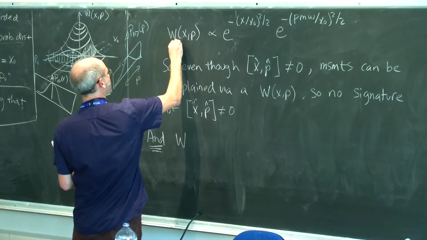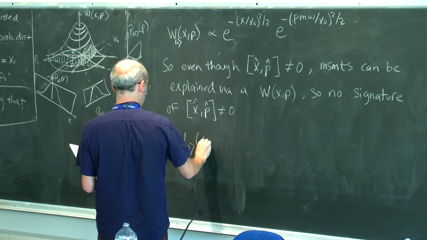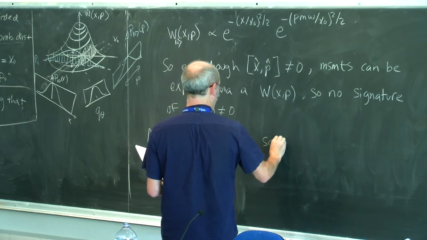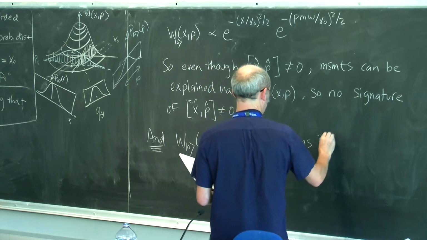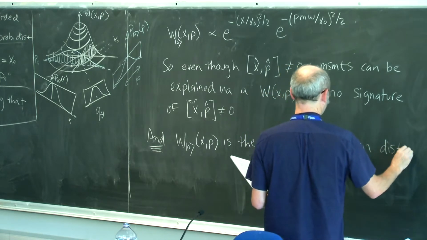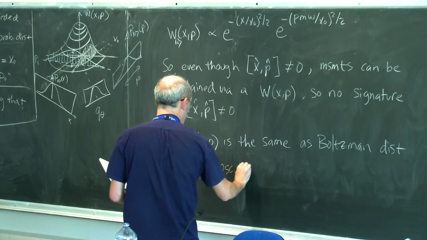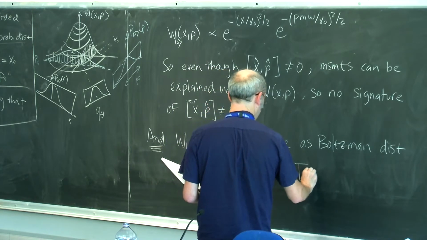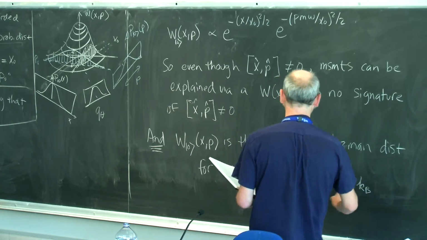So this ground state's W function, which is called the Wigner function, is exactly the same as the Boltzmann distribution for this oscillator, assuming that its temperature happens to be exactly equal to h bar omega over 2 kB.